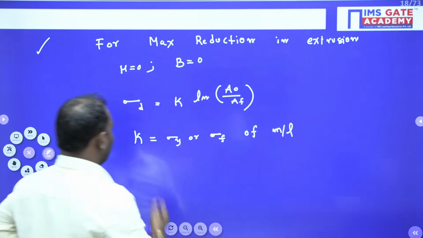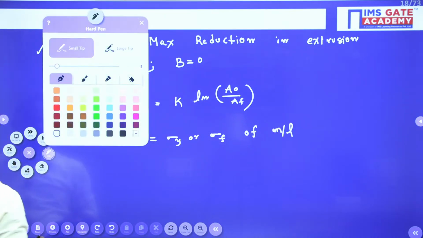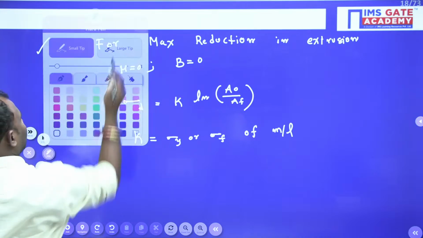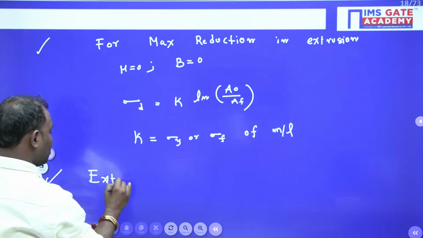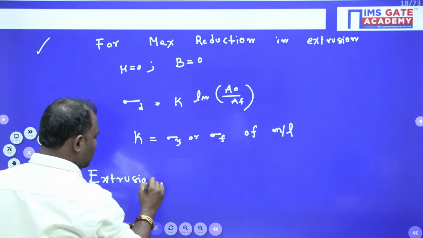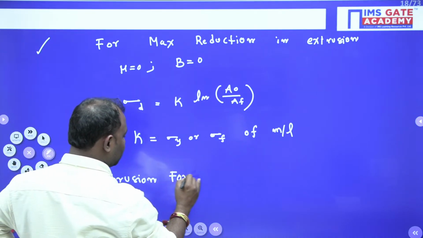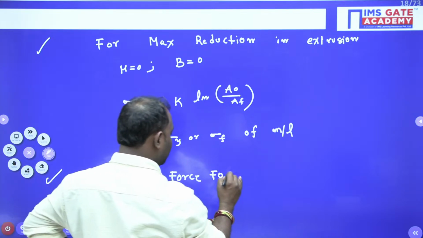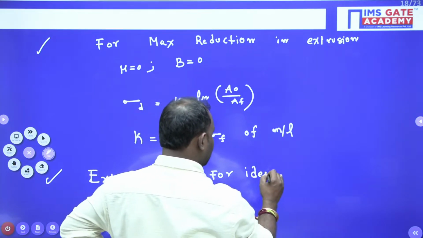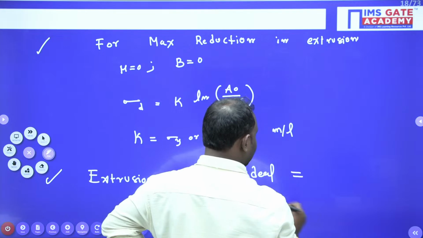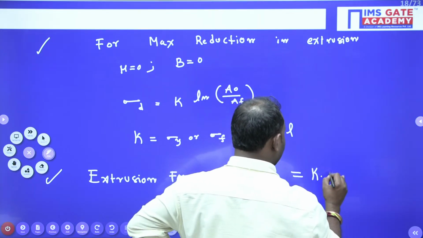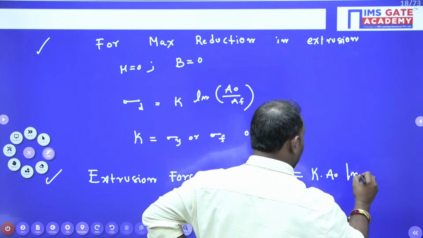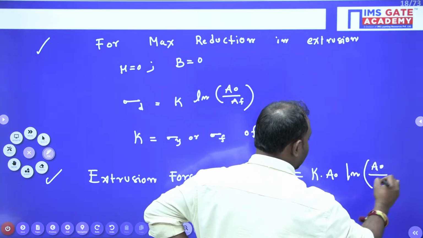All right, now the extrusion force for the ideal case. That is equal to K into A naught into ln of A naught by AF.